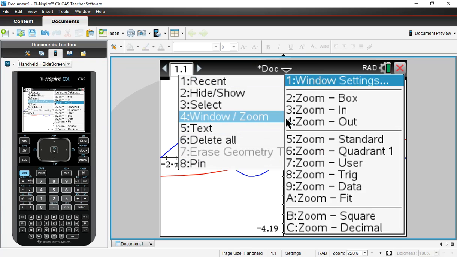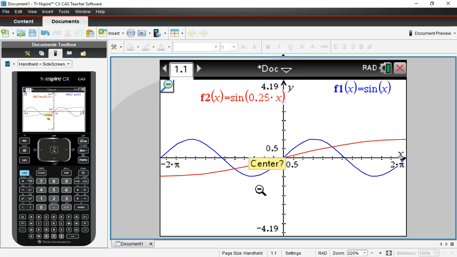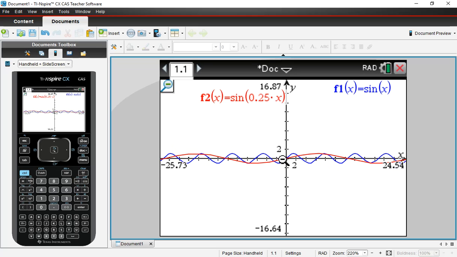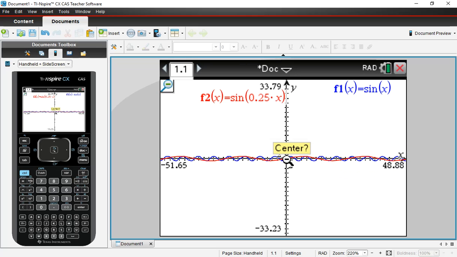But if I zoom out, you can tell now that this goes up, down, up, down. It's just a lot slower. You know, one period here is actually 8 pi. And I'll show you how to calculate all of that.